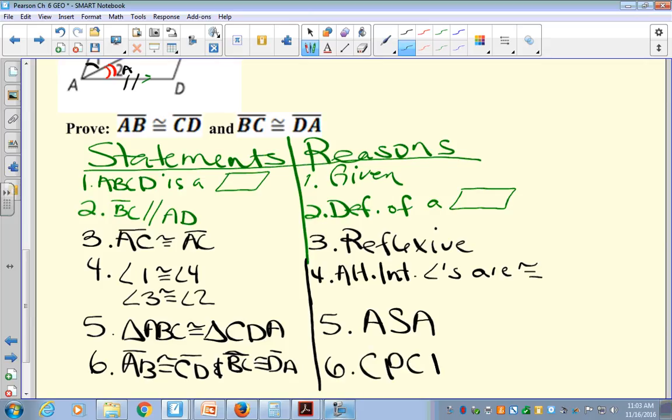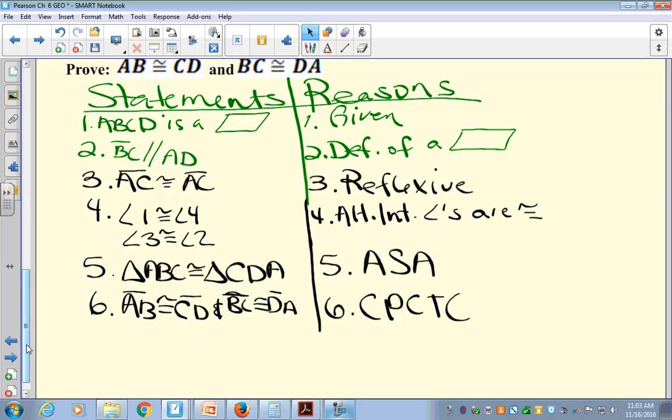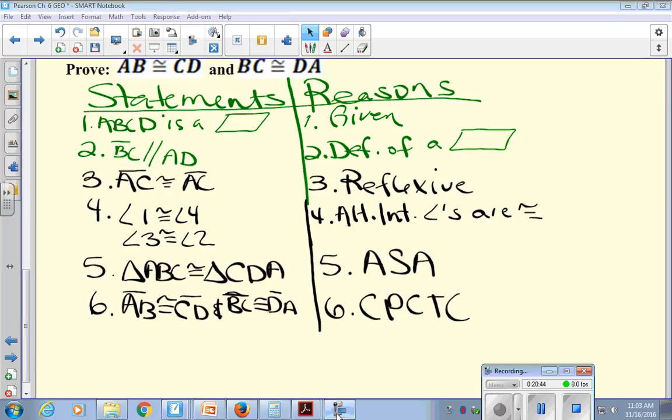And please remember, if you have stuff left over because you're not proving the triangles are congruent or you're going beyond that, the end goal isn't the triangle congruence, remember the next item is going to be CPCTC.